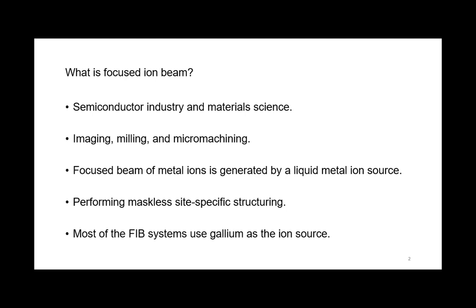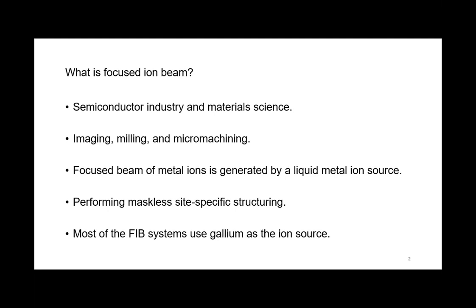This can also be used in performing maskless, site-specific structures. It means, like when Paul talked about lithography, you can design any shape, like circles, rectangles, or lines, on the substrate without using a mask.